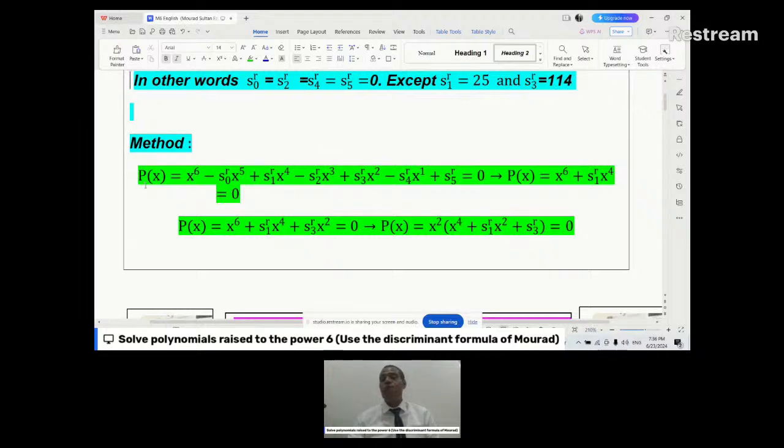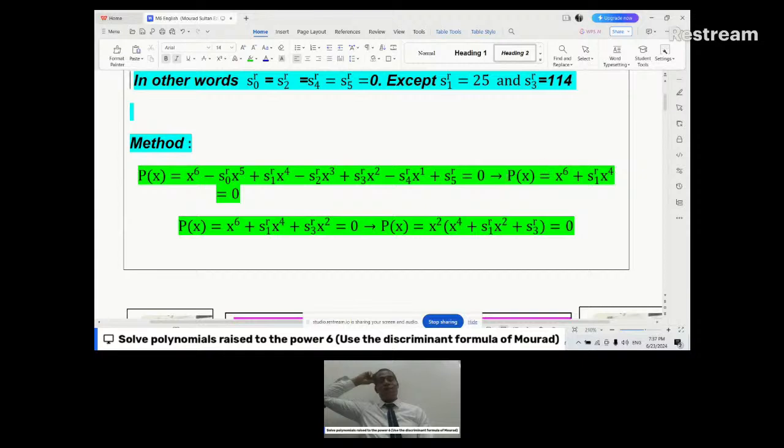Therefore, your new polynomial can be written as x raised to the power 6 minus S0 of order r x raised to the power 5 plus S1 of order r x raised to the power 4 minus S2 of order r x raised to the power 3 plus S3 of order r x squared minus S4 of order r x plus S5 of order r equals 0. Therefore, all Sk minus 1 equal 0 except S1 and S3.